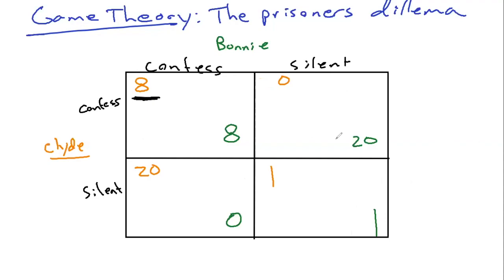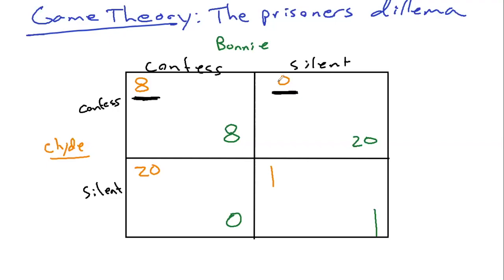If Bonnie remains silent, we can do the same thing. He can either also stay silent and spend 1 year in jail, or if he confesses, he doesn't spend any years in jail. So obviously he would pick confess in this case, assuming he's willing to throw Bonnie under the bus and send her to jail.